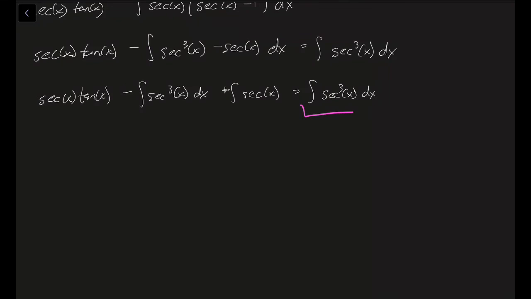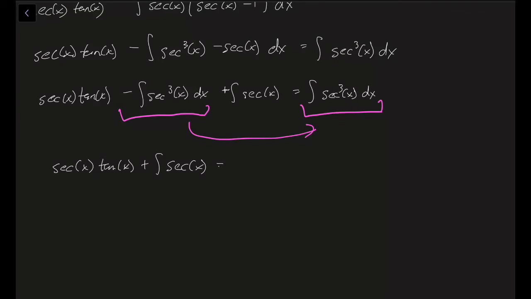Now, we have on the left side secant cubed, which is what we want to find, but we also have it over here. So let's push it over. And so we get secant x tangent of x plus the integral of secant of x is equal to 2 integral secant cubed x dx.